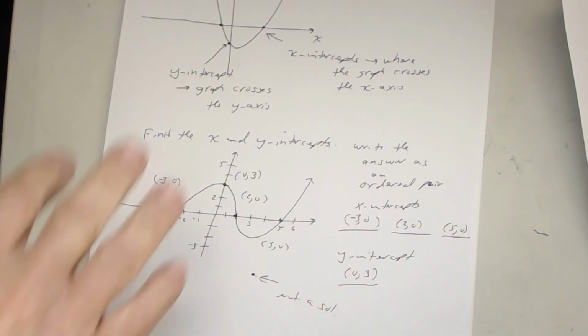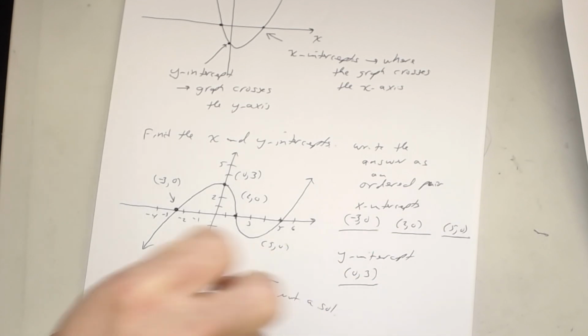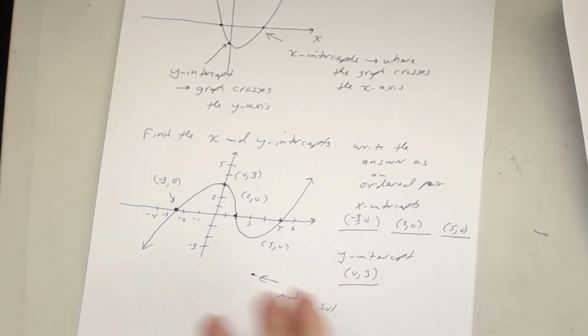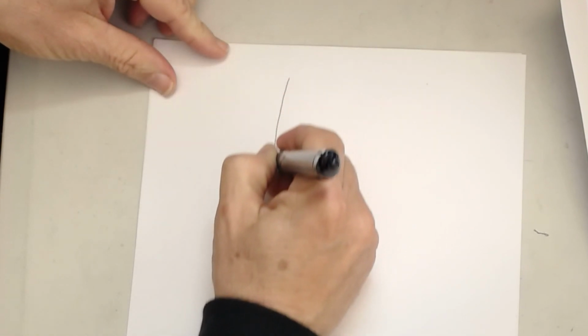Students, when they don't fully understand that idea, get these coordinates mixed up. They always seem to think that for the y-intercept, y is 0. It's not. X is 0. Okay? Which takes us to this. Listen carefully. Let's talk about this again.